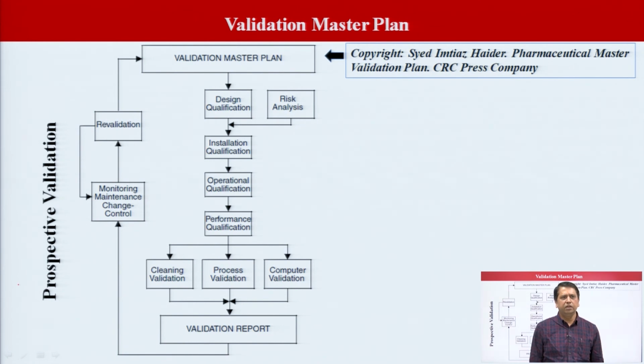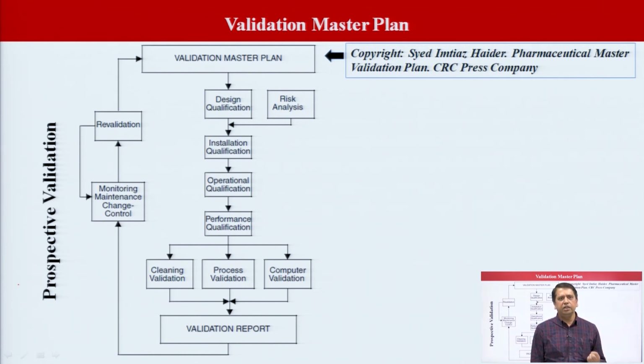And after that we have to perform the cleaning validation, process validation and the computer system validation. And after that there will be a proper generation of the validation report, and this validation report will be monitored and maintained, or change control is there.